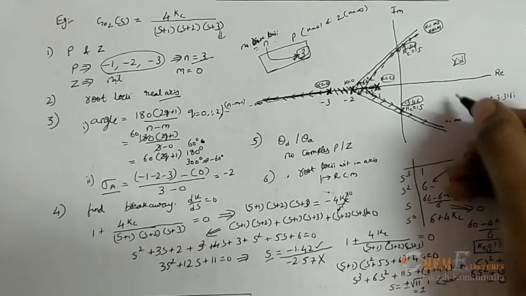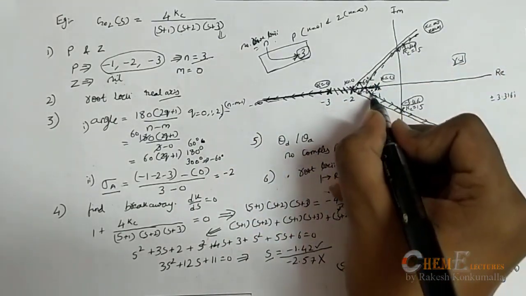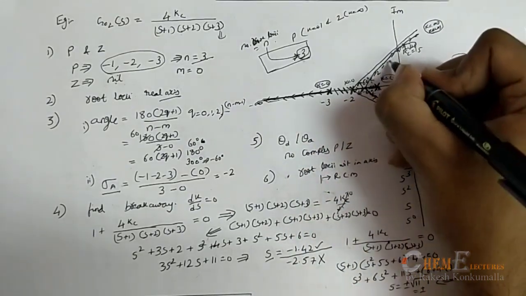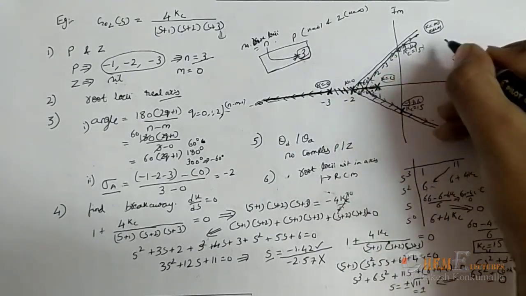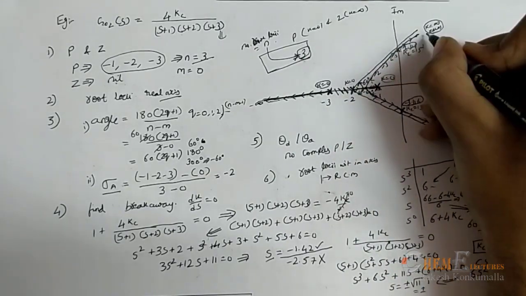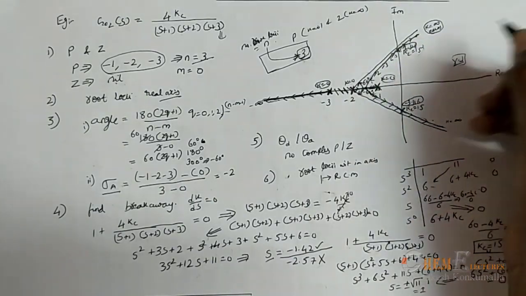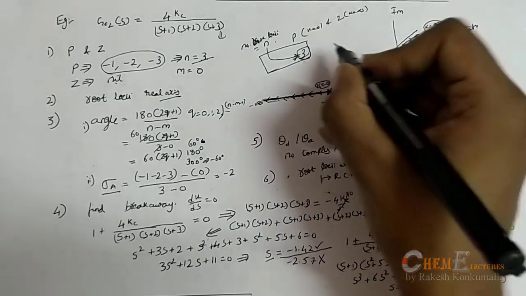This will be my root loci, one branch, this is my second branch, and this is my third branch. From kc equal to 0, 1, 2, 3, 4, 5 till 15 it is stable, and after that, as kc goes beyond 15, it moves to the right side of the imaginary axis, which will be unstable. This region is unstable, this region is stable.